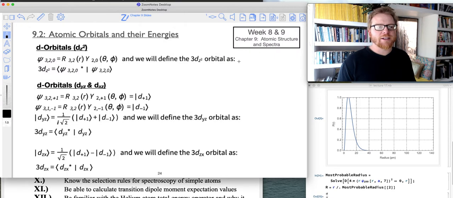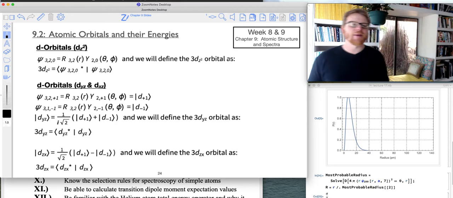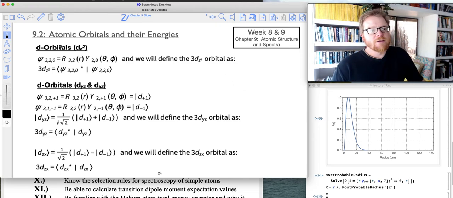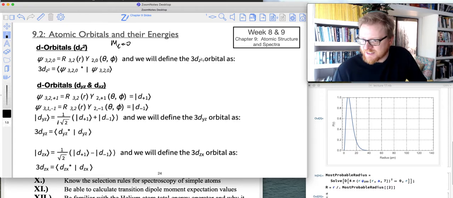So I'm just going to very quickly describe the d orbitals because it's the same situation that's going to manifest. So dz squared, the z component, special for ml equals 0, we define as psi 3 2 0, which is going to be made up of R32 and Y2 0. And because there's no uncertainty situation with the z-axis, specifically the 3dz squared orbital will now be defined as psi320 star psi320.